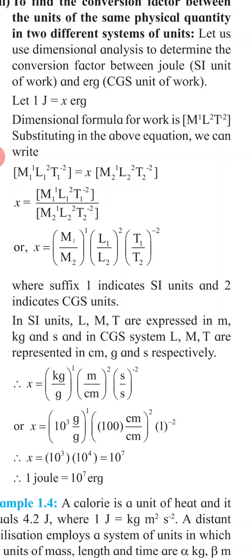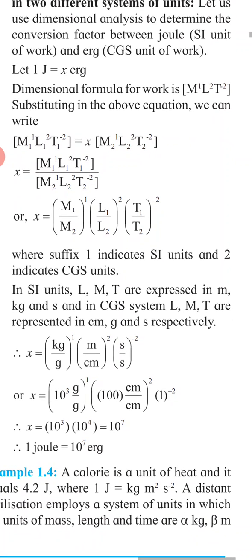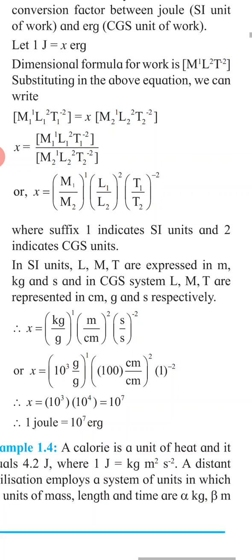Whatever suffix we have taken, that indicates the unit, 1 for SI unit and 2 for CGS unit. Now in SI units, L, M and T are expressed in what? Meter, kilogram and second. So MKS is for meter, kilogram, second, and CGS for centimeter, gram, second. So L, M, T are represented in centimeter, gram and second.